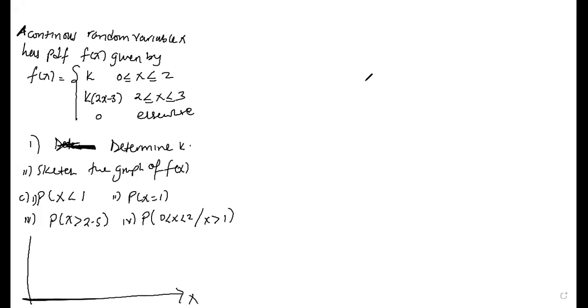If this is X, this would be f of X. When X is 0, it is a constant, K. It does not vary with X. When you look at this part, there is no X. So it's independent of X, so it remains K until you reach where? Until you reach 2.